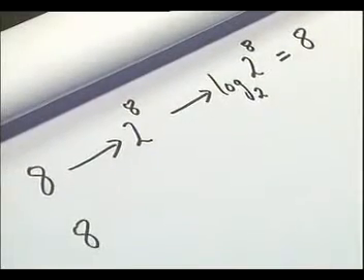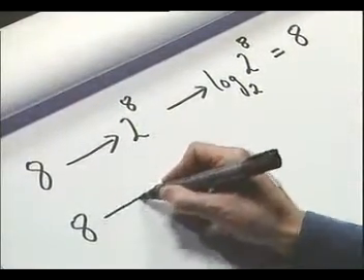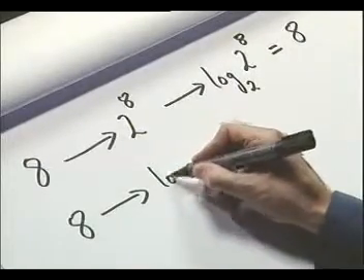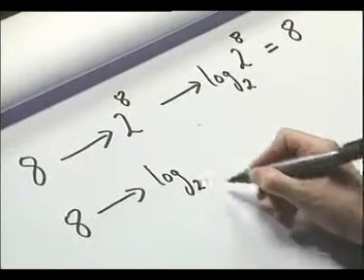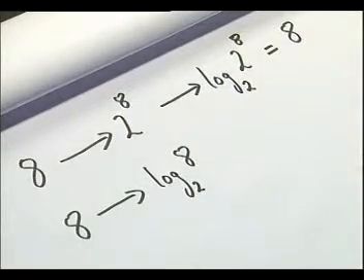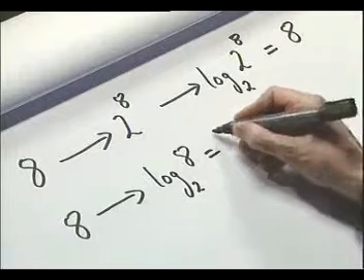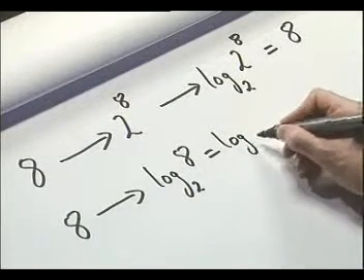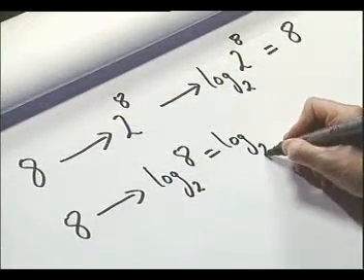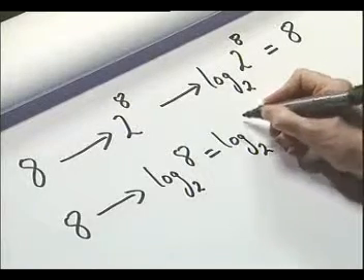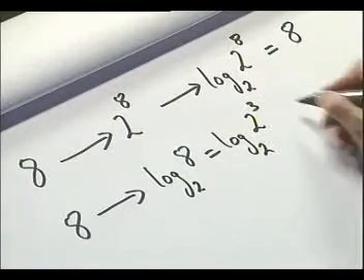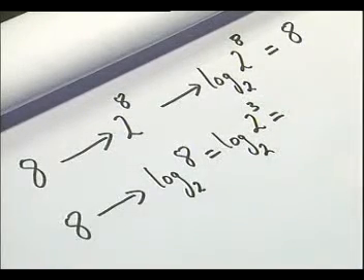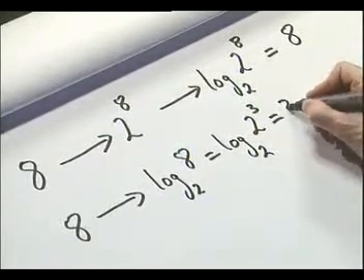So, let's start with 8 again. And this time, let's take the log to base 2 of 8. Well, I know that the log to base 2 of 8, I need to write the 8 in a different way. I need it as 2 to the power 3. And that, of course, gives me the answer straight away. This number is 3.